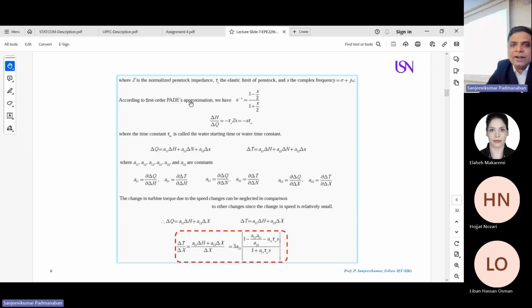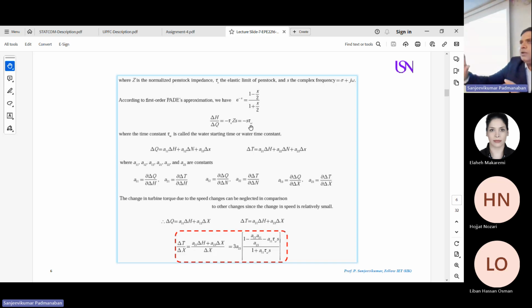If you apply a Pade approximation to the above equation, e power minus x is given by 1 minus x by 2 divided by 1 plus x by 2. Now, with respect to our ratio of the small change in head to the small change in discharge, if you substitute this value, you get minus s into tau w.